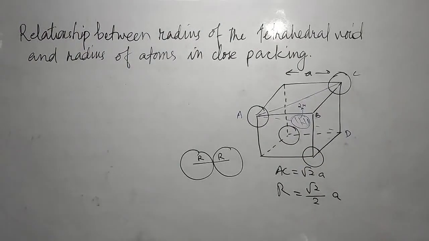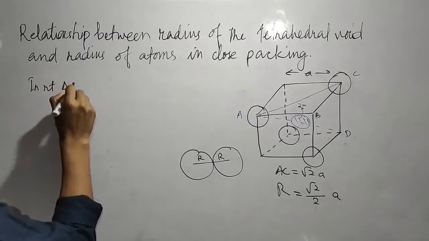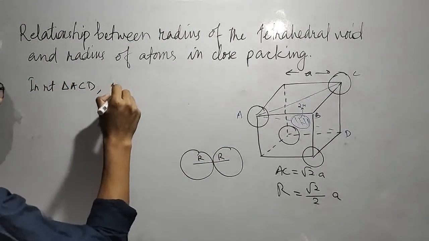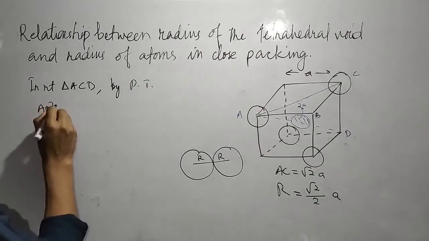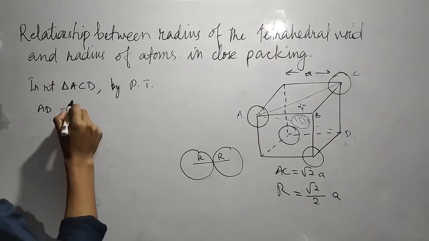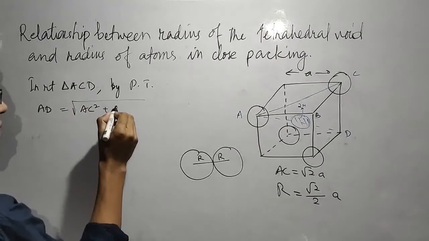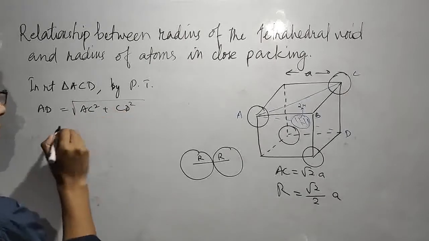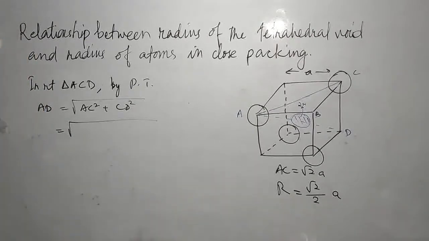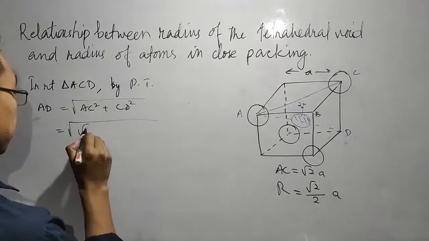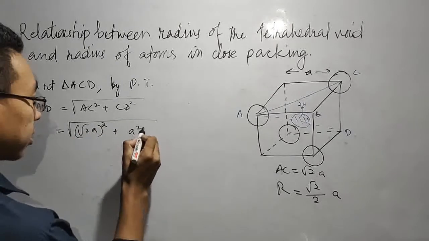So in right triangle ACD, by Pythagoras theorem, AD equals root over AC squared plus CD squared, that is, AC is root 2 a, the whole squared, plus CD is a squared.